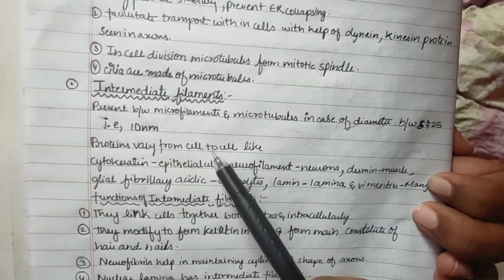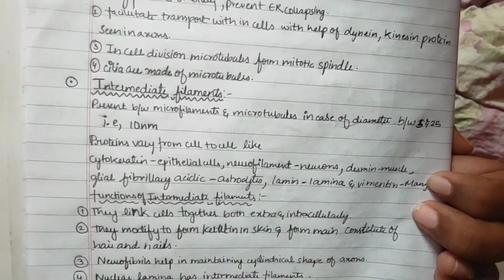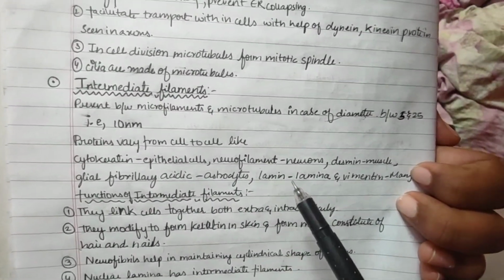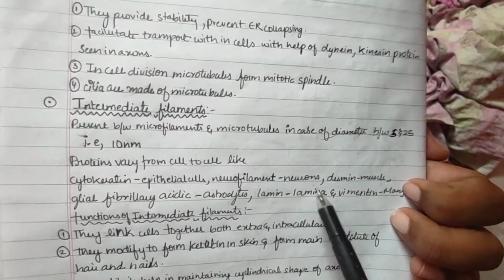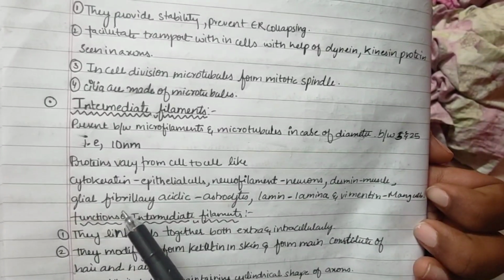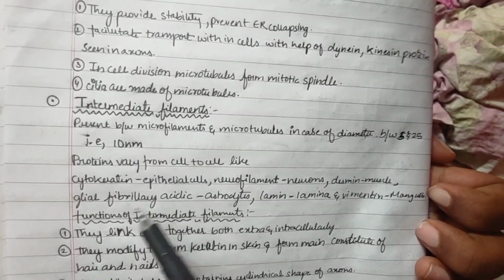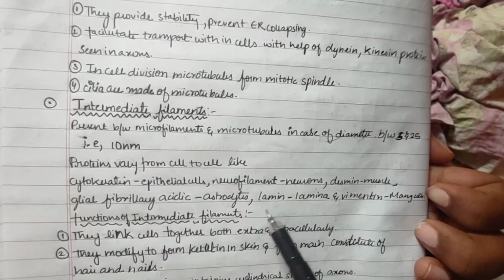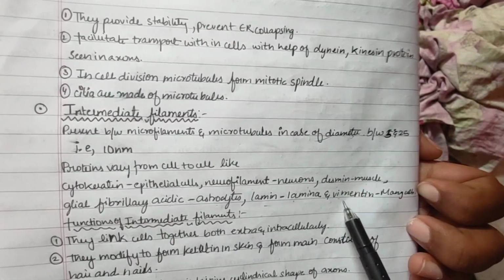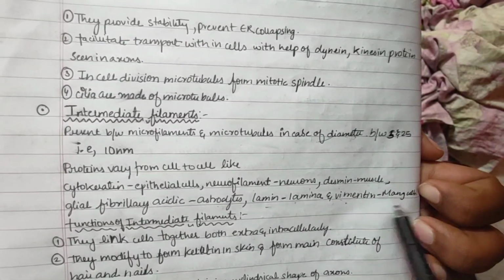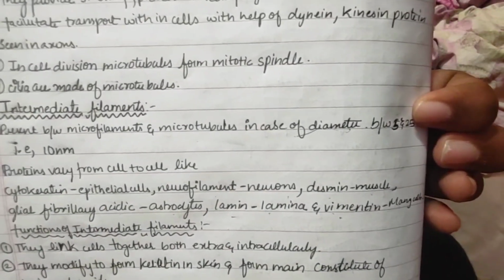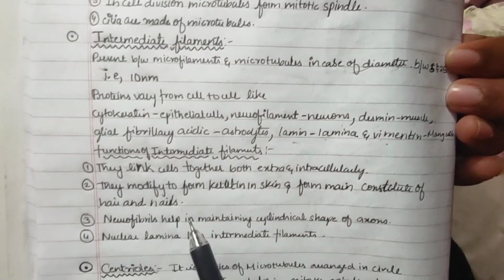Now proteins vary from cell to cell in intermediate filaments, like cytokeratin is present in epithelial cells, neurofilament is present in neurons, desmin protein is present in muscles, glial fibrillary acidic protein is present in astrocytes, lamin is present in the lamina, and vimentin is present in many cells.